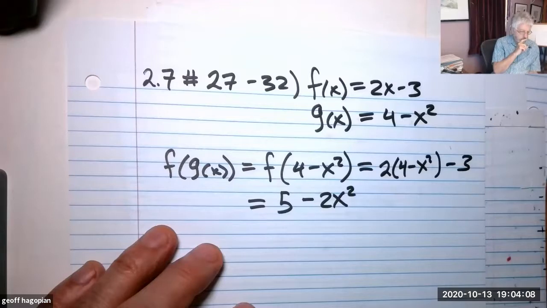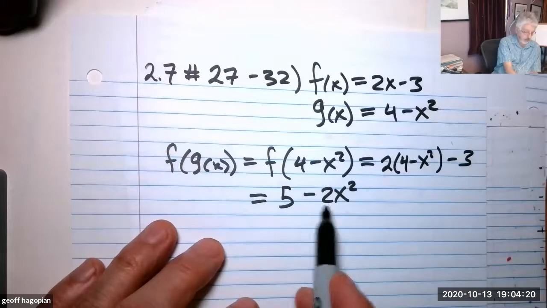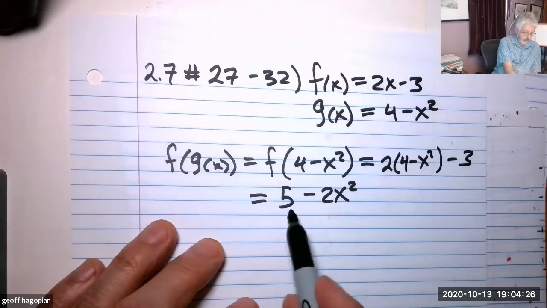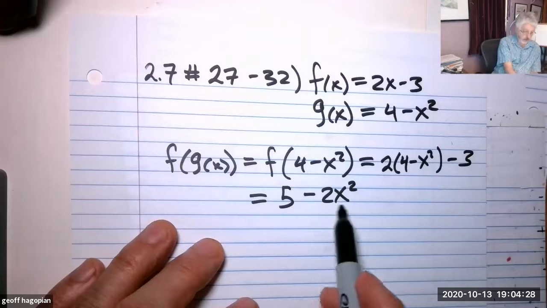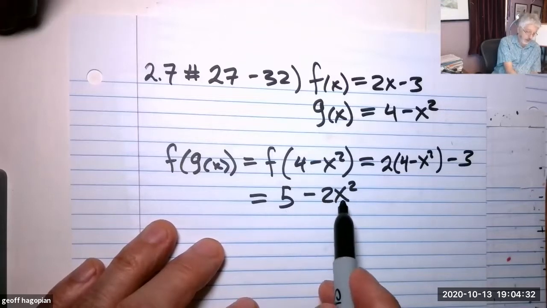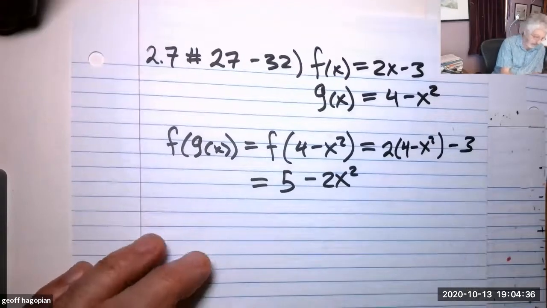So I guess the largest output f of g can have is going to be 5. Oh, yeah, then that makes sense in terms of this formula, right? So the range of f of g is all real numbers up to and including 5, but not anything larger than 5, because we're subtracting this positive number from 5, right? Or we could be subtracting 0 from 5. Is 0 a positive number? Yeah, maybe sometimes.